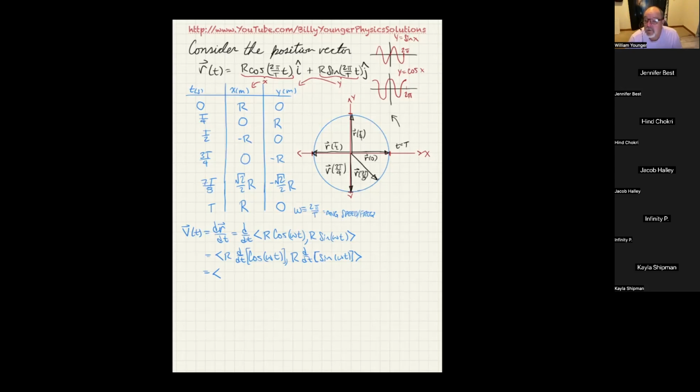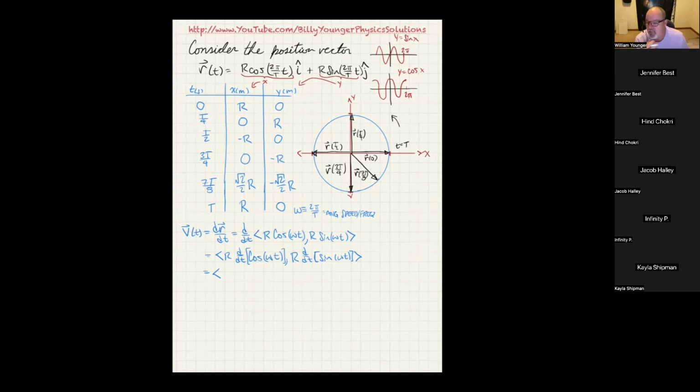Wouldn't it be negative sine omega t times the inside of the angle? Yeah, so you're going to take the derivative of the argument of the cosine, and the argument of the cosine or the sine is omega t.